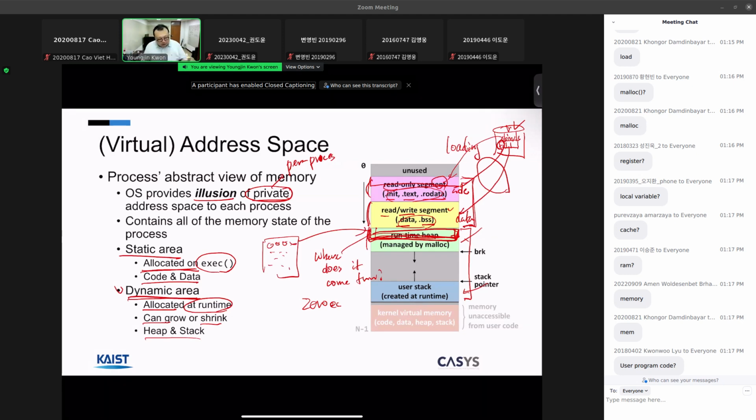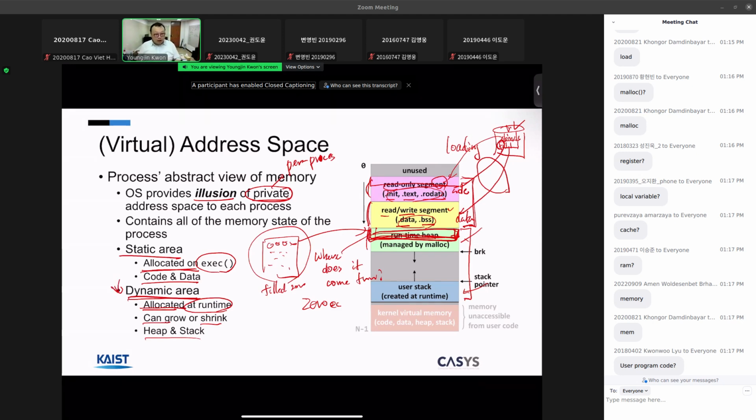So this section is allocated at runtime, but filled with 0 and given to the process. So it's not from the user code. It is just created by the operating system, made 0, and given to the process. This is a characteristic of the dynamic area.